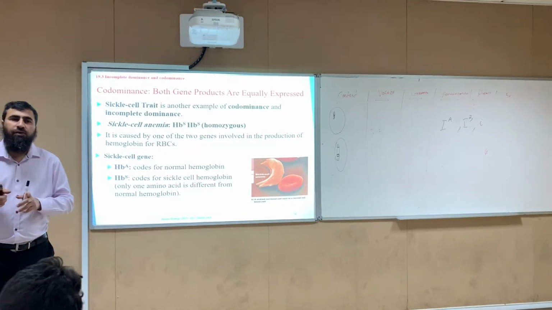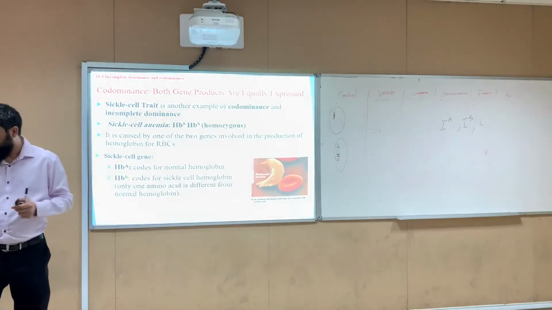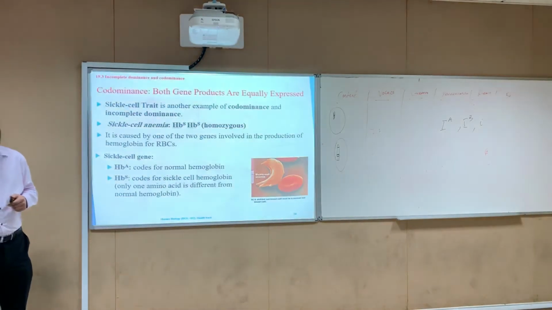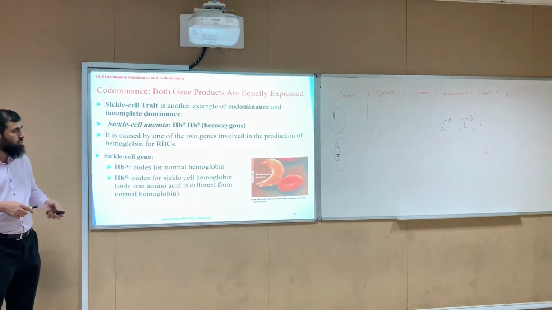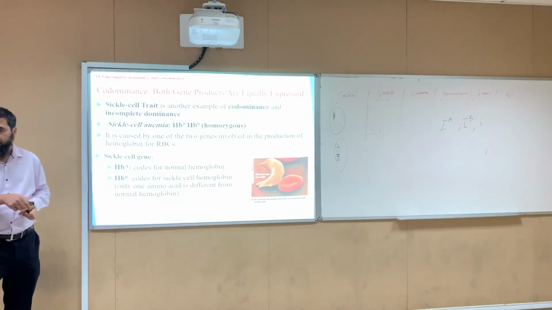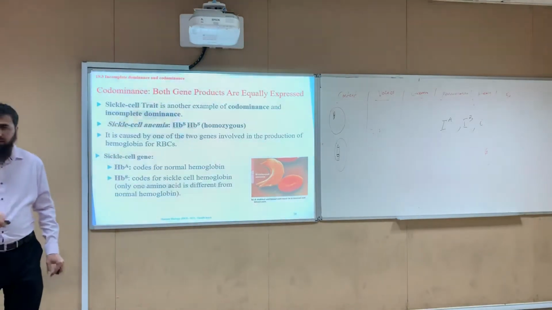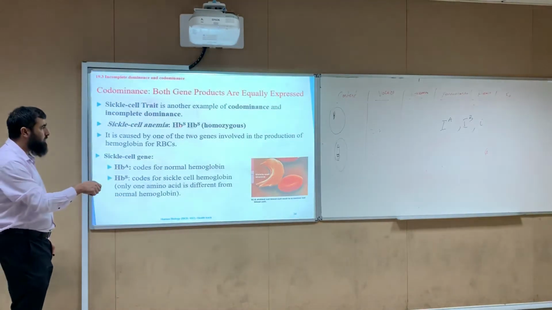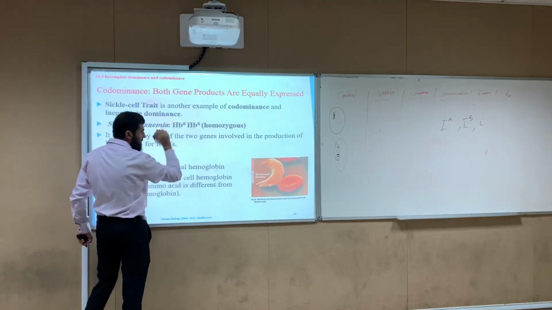Now, what happens in sickle cell anemia is that in low oxygen, this mutated form of the hemoglobin crystallizes, okay? And this crystallization of the hemoglobin causes the sickling. So to get the phenotype, sickle cell anemia, you have to be carrying both HbS, so you have to be homozygous.